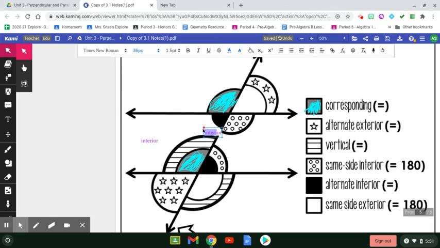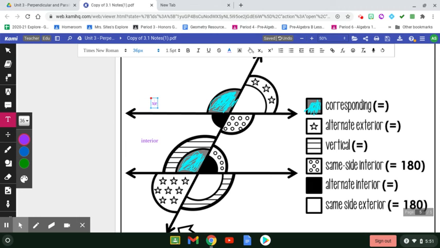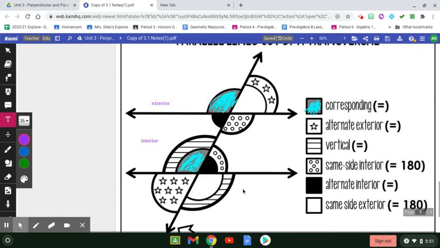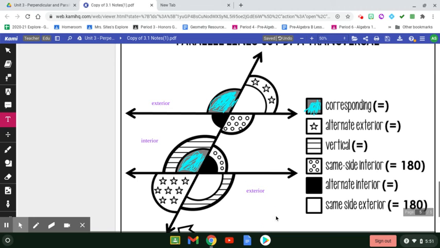Yep. Okay, I'm just going to try again. All right, so I'm going to make this my exterior. I want you guys to type that as well, because we are on the outside of those two lines. Okay, so type the words interior and exterior.